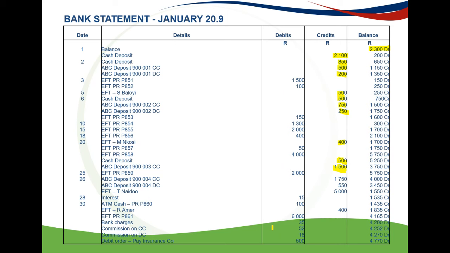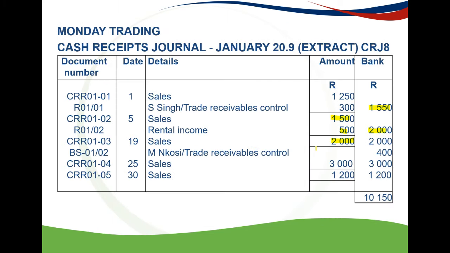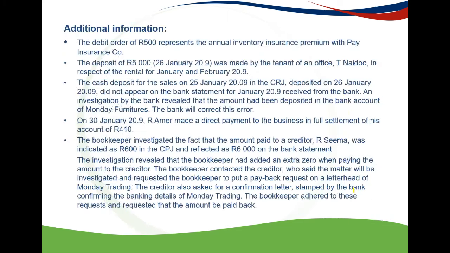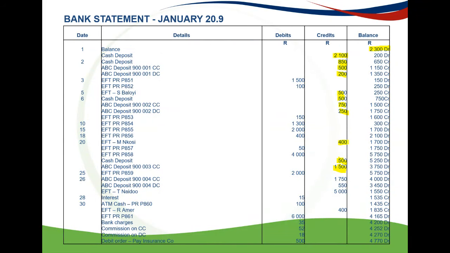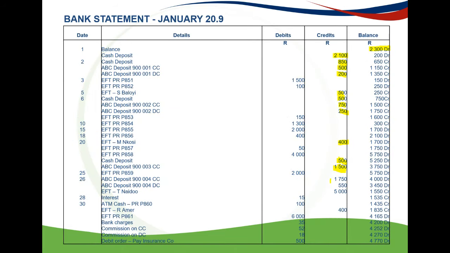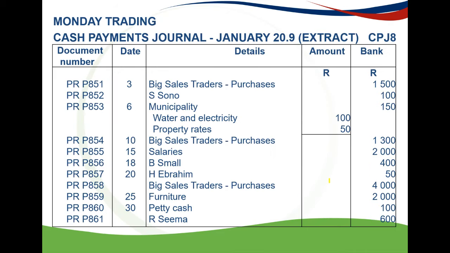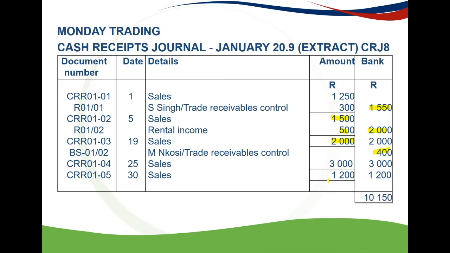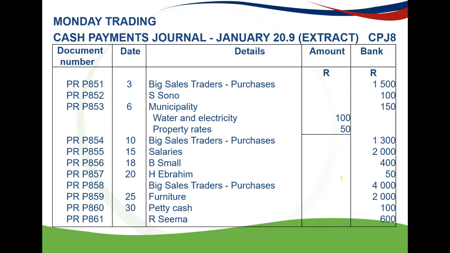That's going to be our 2000. Then we have the 400 on its own, which is our 400 here. Then we have the 1750 and the 550, which will make up our 3000.